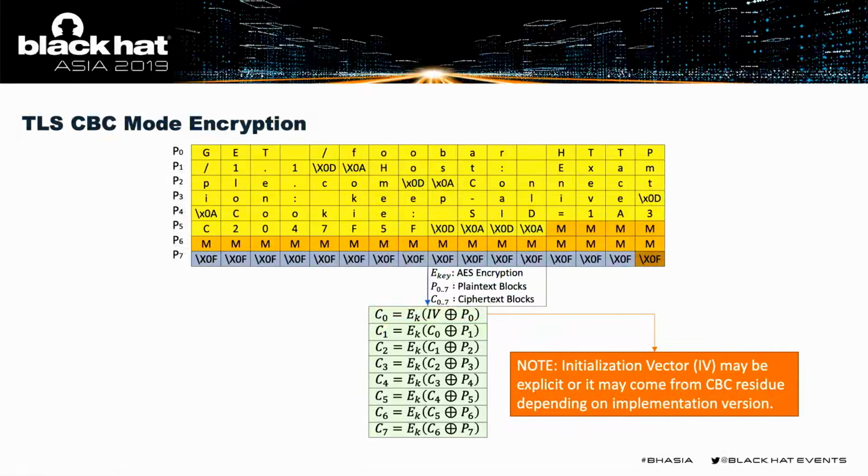So you'll have this initialization vector that gets XORed against the first block of the plain text and then encrypted through the block cipher. The output from that is then going to be used to XOR with the next block of the plain text before going into the encryption, and so on until we've encrypted the entire message.